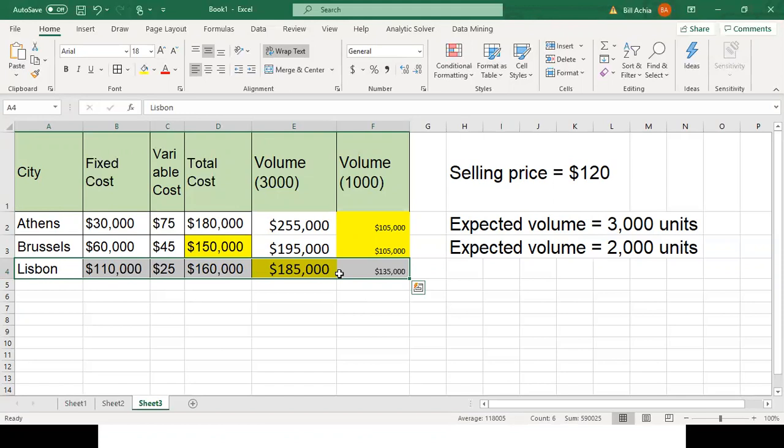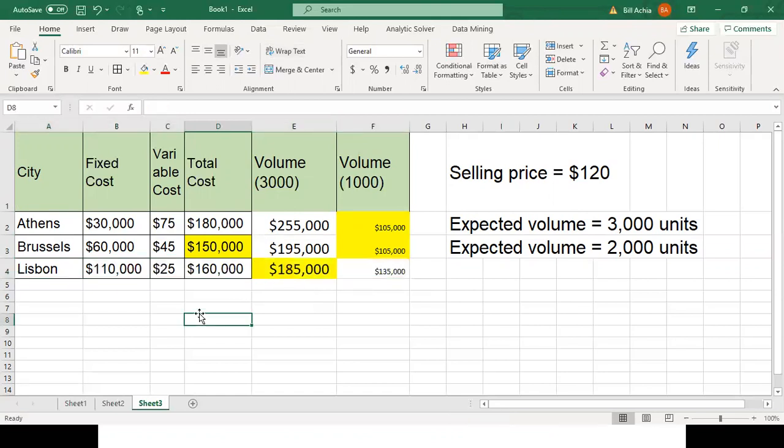But if the company is expanding, we might have a cheaper location elsewhere. I want to know the crossover volume where we are indifferent between Brussels and Lisbon, which is the volume at which the total cost at Brussels equals the total cost in Lisbon.